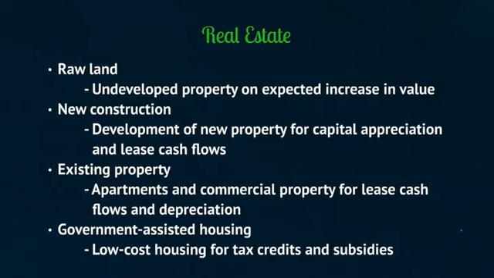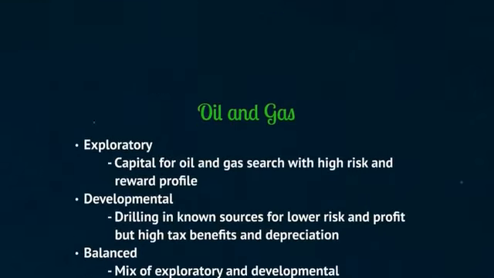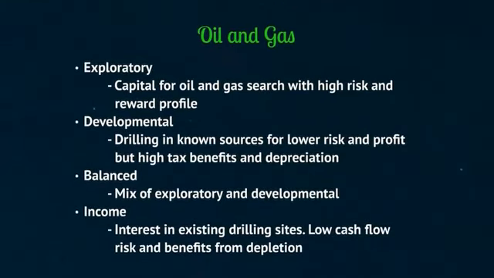And we talked about real estate as being one of the focuses of these investments, and here's some of the areas they could invest in, undeveloped property all the way through commercial property and government assisted housing. And there's also oil and gas, which can take the form of exploration, development, or some mix between the two.